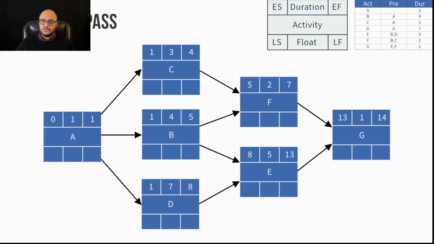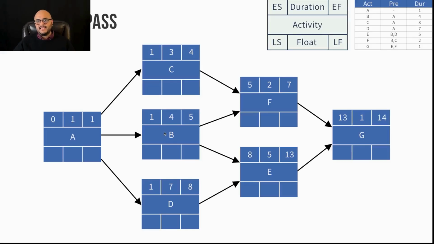I'm going to use my cursor to point here. My early start, which sits over here, is 0 because it's the first task of my project. It's the first activity of my project. 0 day start, basically. The formula says early start plus duration. So 0 plus 1 gives me 1, which is my early finish.